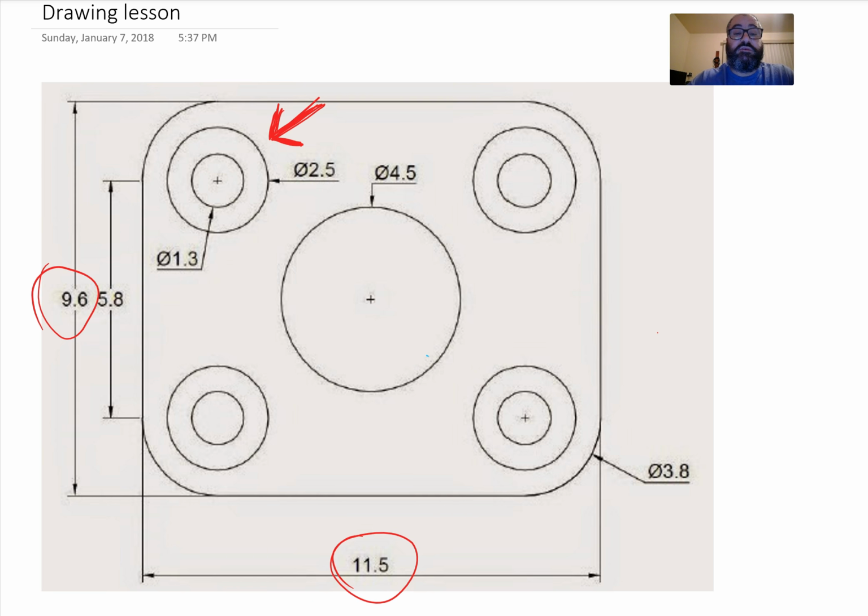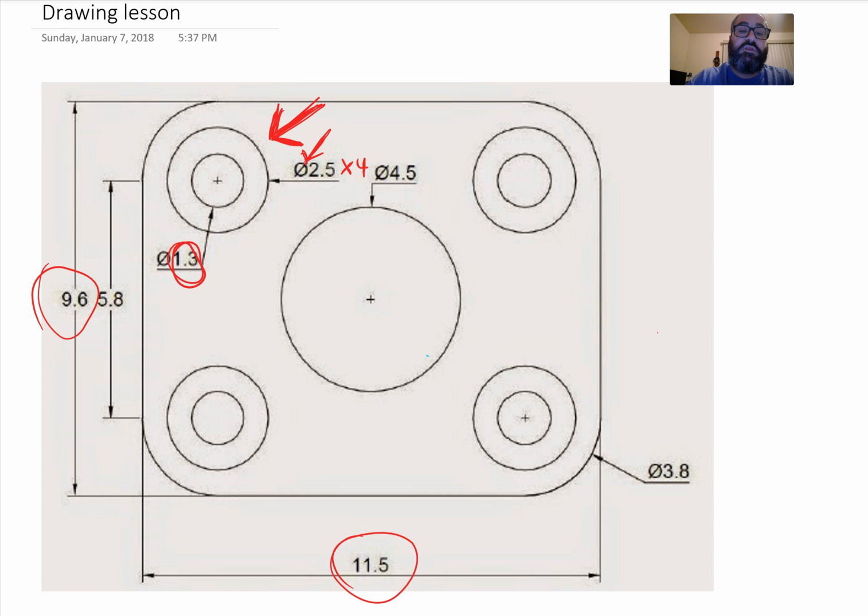Now typically what you would see too, in addition to this, if this were a technical drawing, is you would see X4 out beside that, meaning that this is 2.5 units in diameter 4 times. 1, 2, 3, and 4 circles all the way around. And then of course there's an inside circle to that is 1.3 units in diameter.